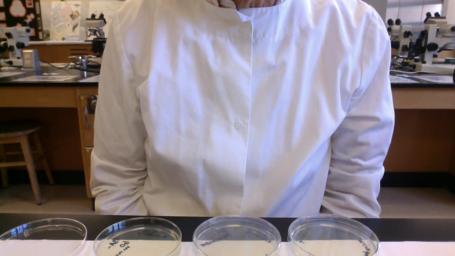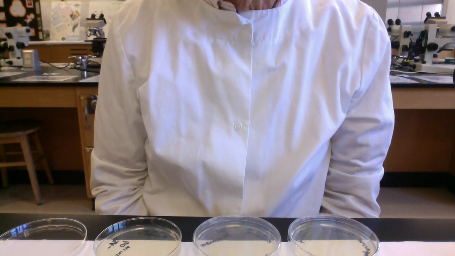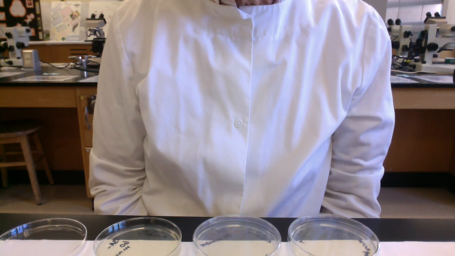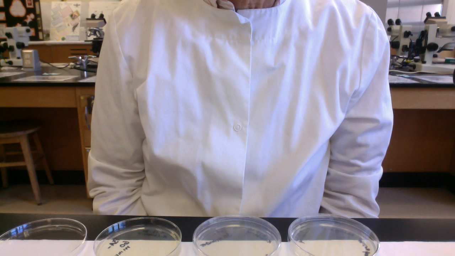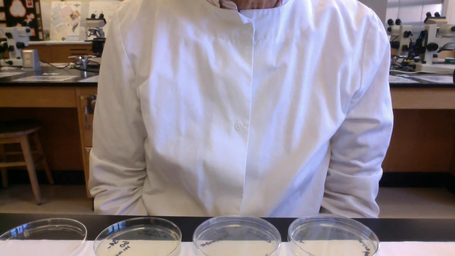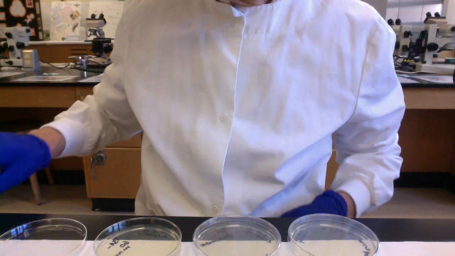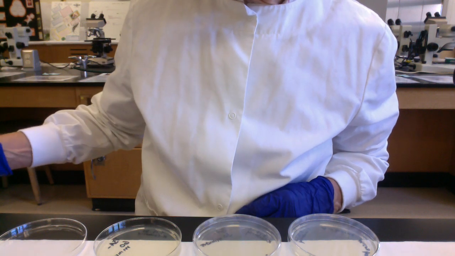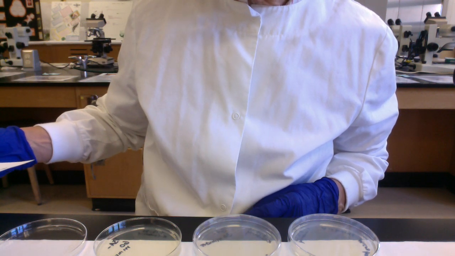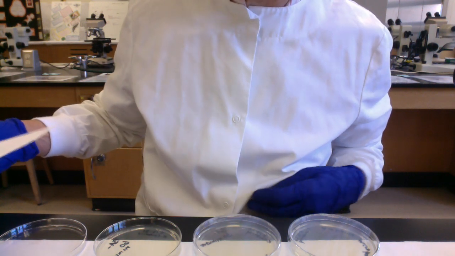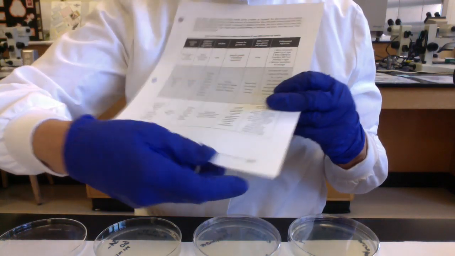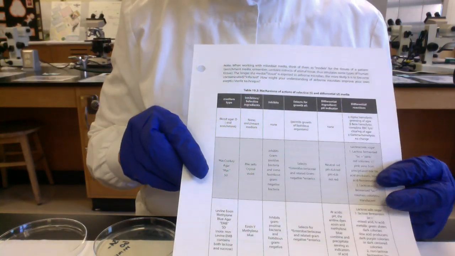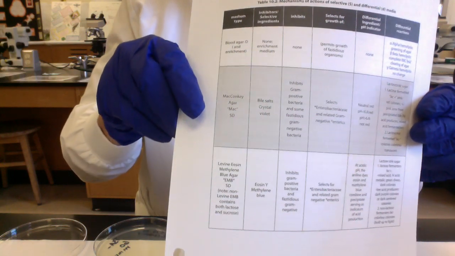We've been working on chapter 10 in the lab manual, microbial growth media, and the last two videos were on selective and/or differential media. Just a reference, folks: in your lab manual, the spring 2020 version, on page 111 in chapter 10, there's this table that describes selective and differential media.